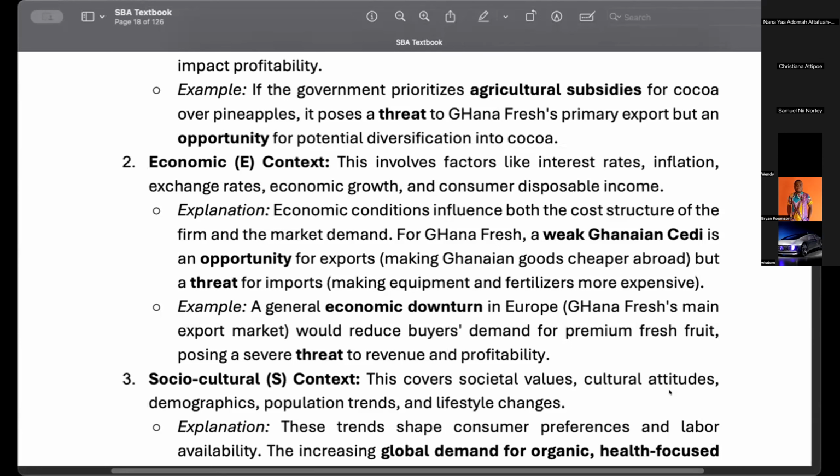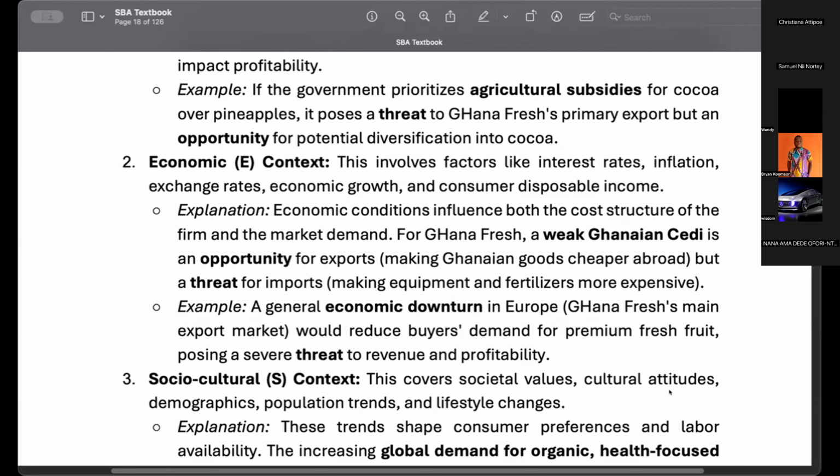It has happened, I think, previously in the agricultural sector where the minister had to ban the importation of, was it rice or something like that, for some time to be able to create room for local businesses to also thrive. So these things can happen in a country in which firms like GH Fresh operate.